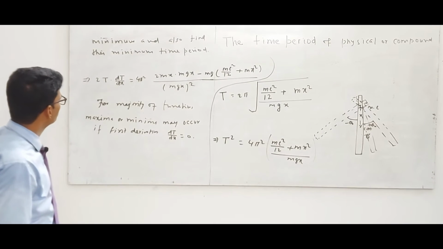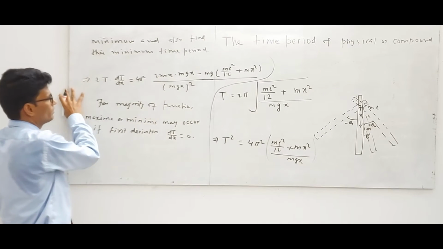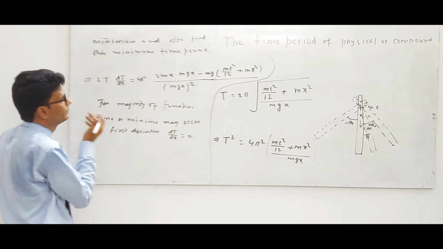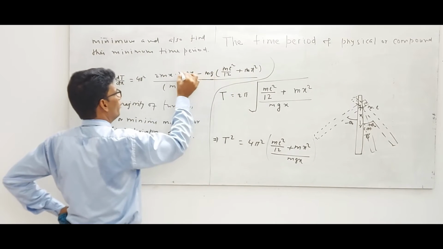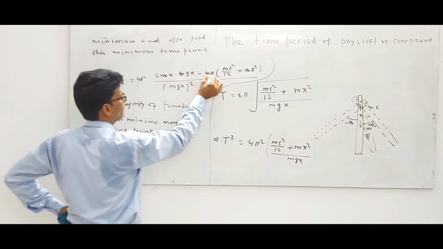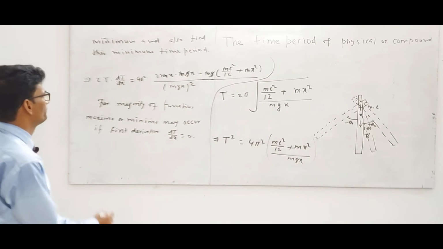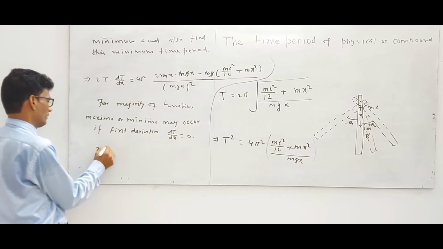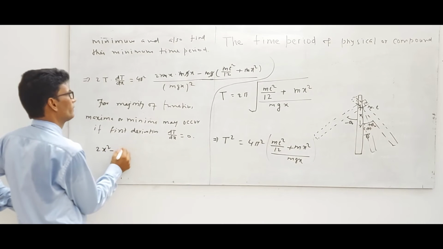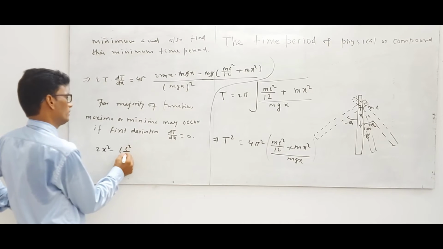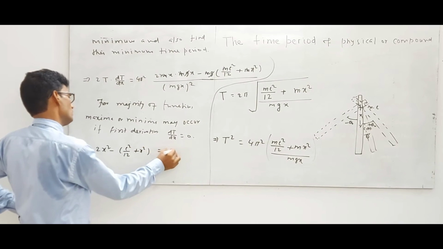So putting dT by dx equal to 0, all of this turns out to be 0, and after taking m and g common, write it down: twice x square minus (l square over 12 plus x square) is equal to 0.